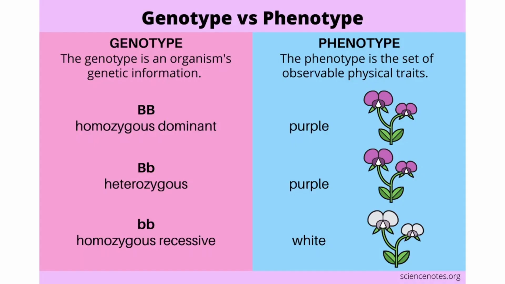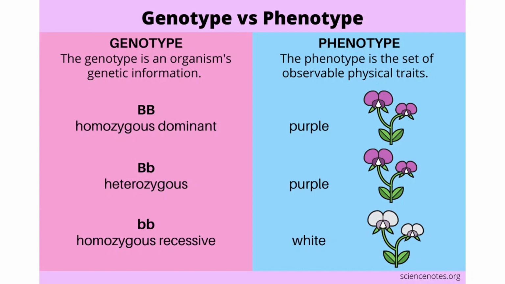So we all know the concept of dominant and recessive. In this case, these are the two alleles of this particular gene. The gene is for the flower color, and the two alleles are capital B and small b. Capital B is the dominant allele, and small b is the recessive allele. When both dominant alleles are present in an organism, that is homozygous dominant, the color will be purple.